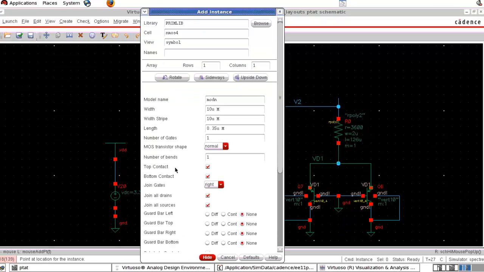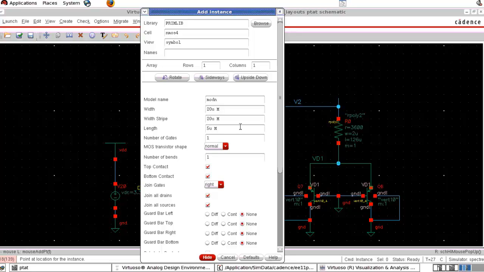So I select the NMOS and I am putting a large W and a large L, because in analog circuits, to reduce the effect of process variation and temperature variation, we generally use large device sizes.